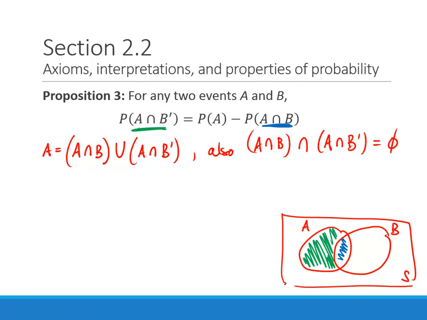So if we intersect those two sets, they don't overlap, they're disjoint. So again, since we have disjoint sets, we can just add here. Therefore, the probability of A is equal to the probability of A intersect B plus the probability of A intersect B complement. And you can do some slight rearranging there to get the proposition back.